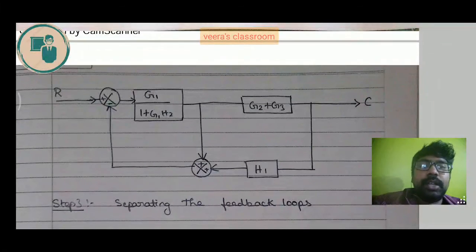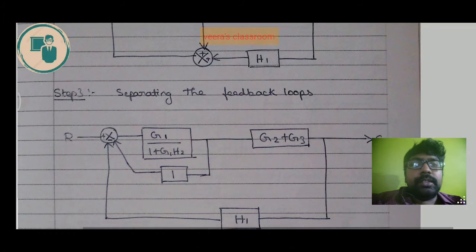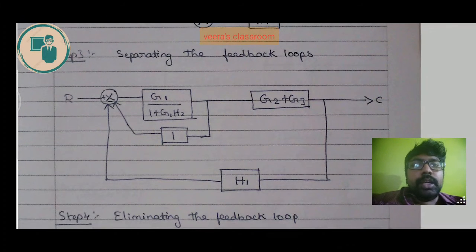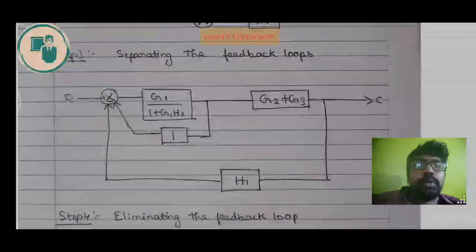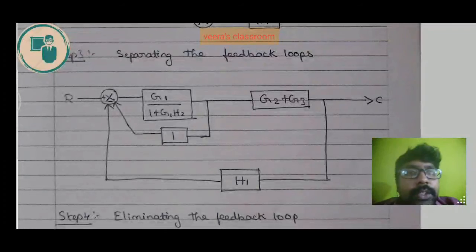But here we are going to remove the summing point and draw separate lines. So this summing point at the bottom near H1 is separated, and you will have two lines flowing from the output to R, and between G1 by 1 plus G1 H2 and G2 plus G3 to the feedback.